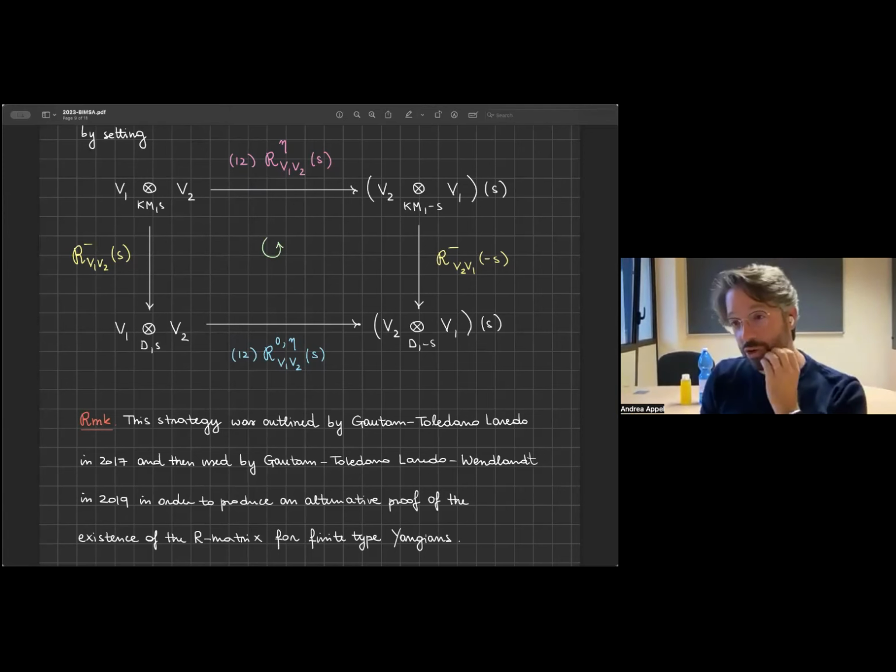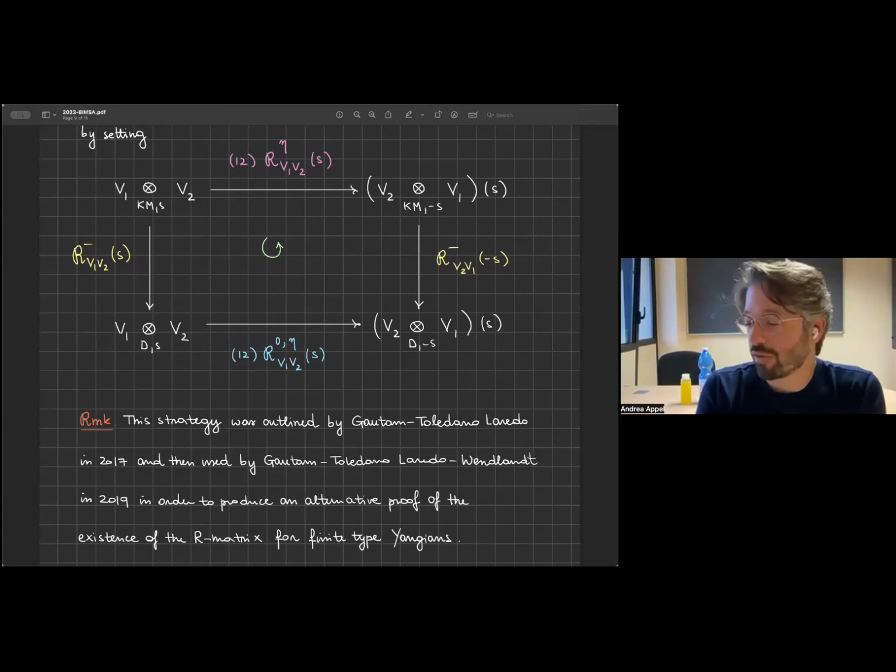This is actually how we started the project with Sachin and Curtis. We thought that all the ingredients were already there, and that it would be very easy to generalize to the affine case. But what is quite interesting is that this is not true.